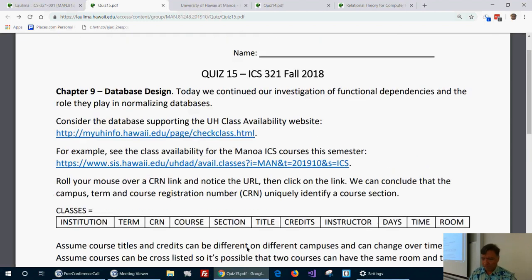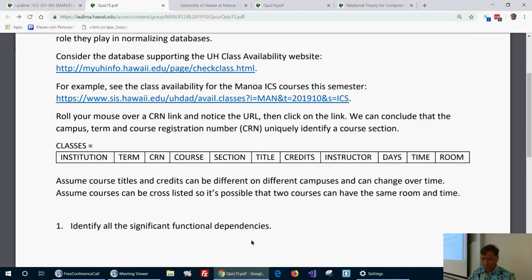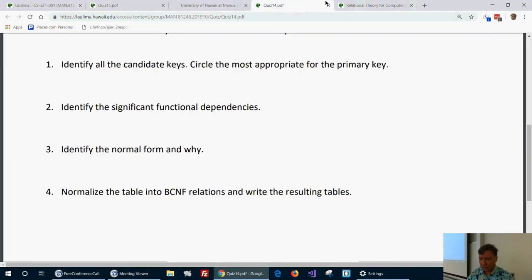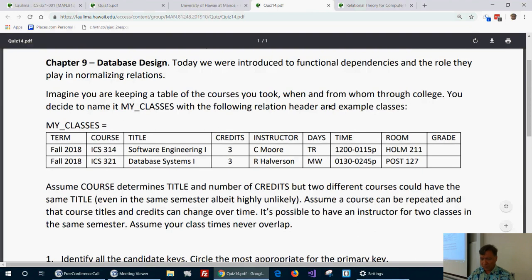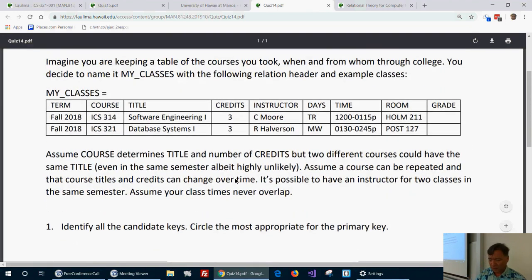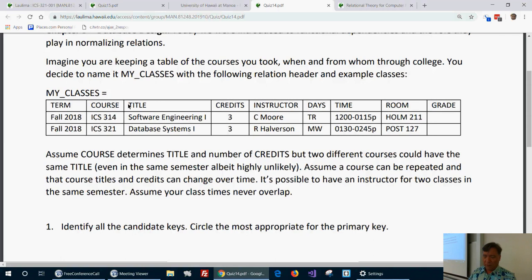And so, for example, for this quiz, you would list that this depends on these 2 things. This depends on these 2 things.